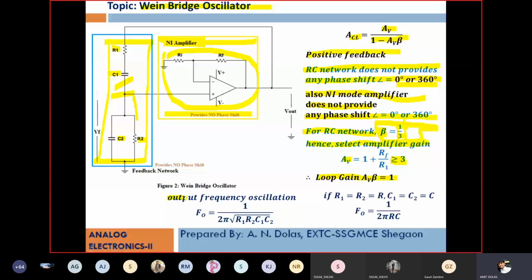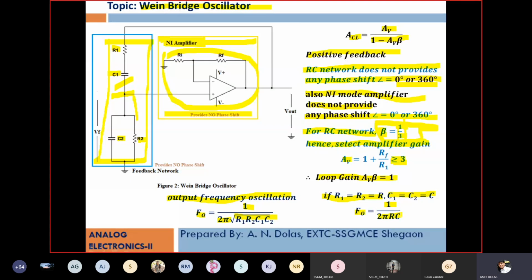Output frequency of oscillation for the Wien bridge oscillator is given by f0 is equal to 1 over 2 pi under root of R1 R2 C1 C2. And if we choose R1 R2 equal to R, which is the same, and C1 C2 equal to C, that is both the resistances in the feedback network are the same and both the capacitances are the same, then your formula simply becomes f0 is equal to 1 over 2 pi RC.